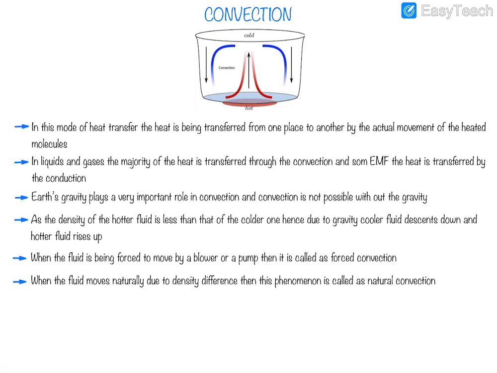So convection is majorly classified into two types: natural convection and forced convection. Natural convection occurs when the molecules move automatically due to the density difference, and forced convection occurs when the molecules move forcefully by some external force.